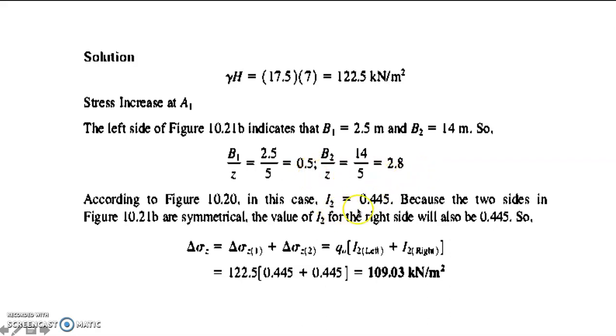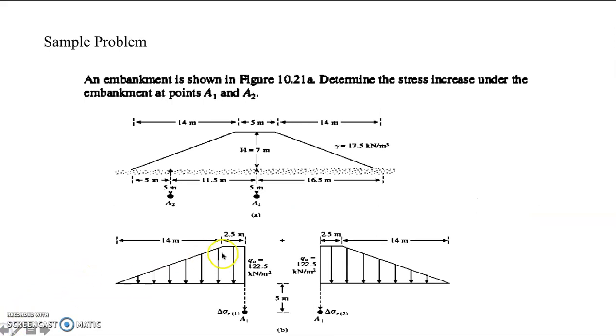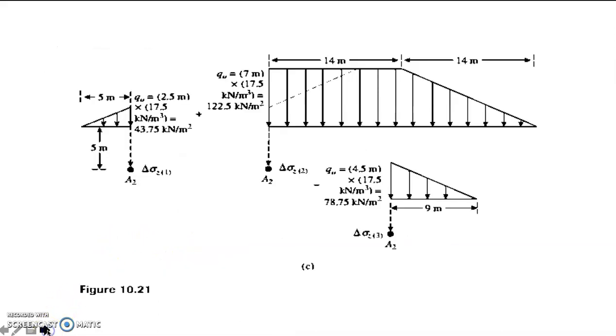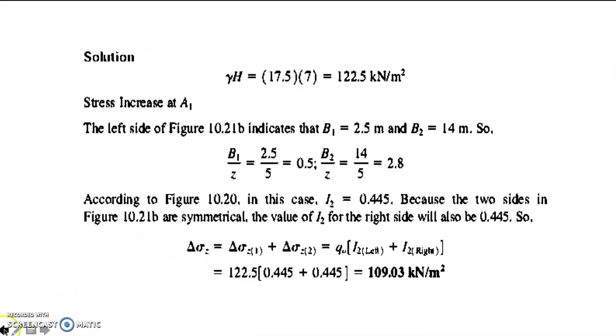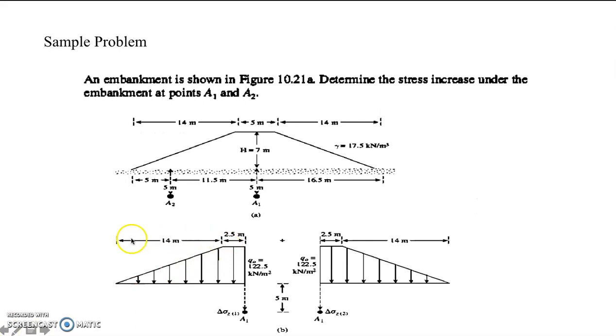So our I sub 2 is approximately 0.445. Here, this is our B1, this is our B sub 2. So our B1 is 2.5 and our B2 is 14. This is on the left side of A sub 1.